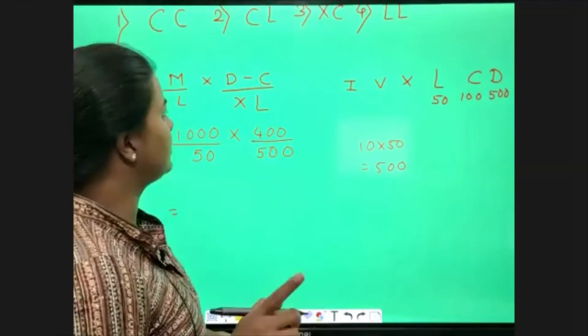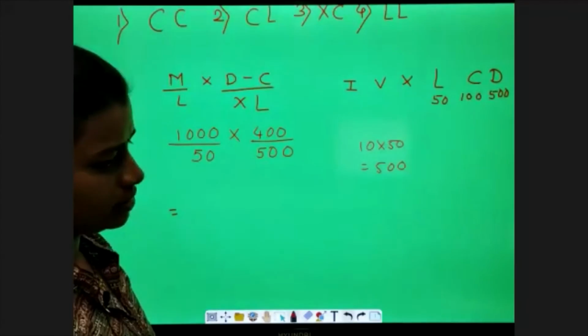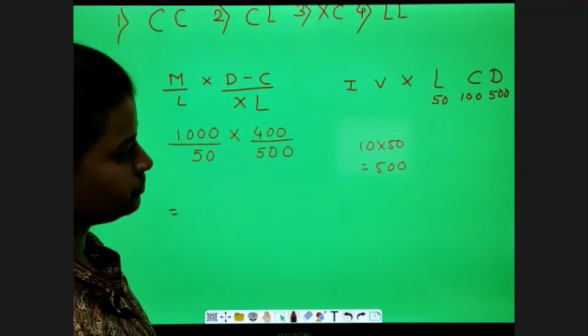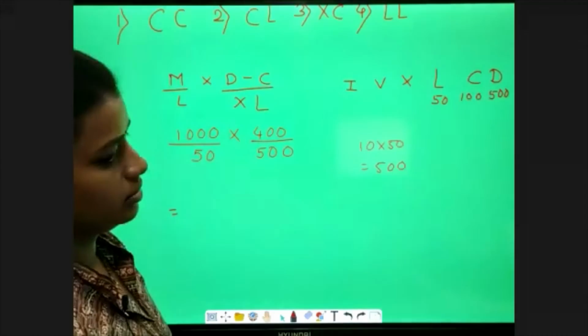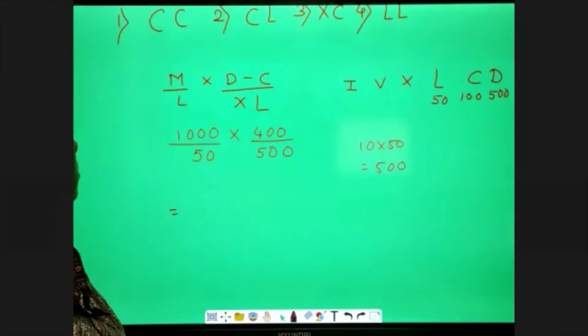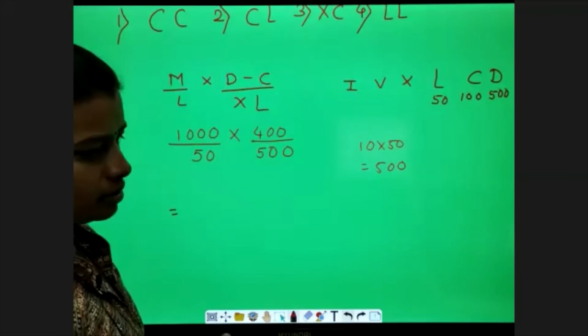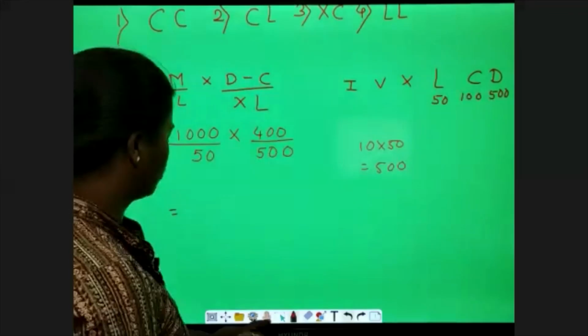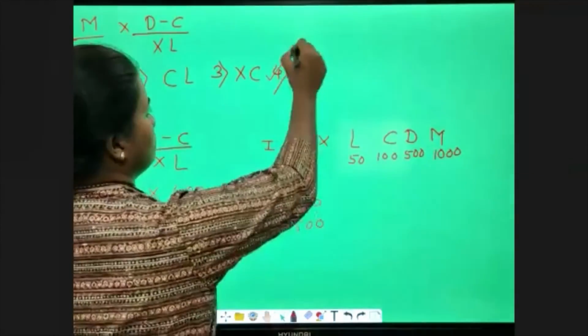How did you get that answer? Ma'am, 1000 multiplied by 400 is equal to 4 lakh. Okay. So the fourth option will be the right option.